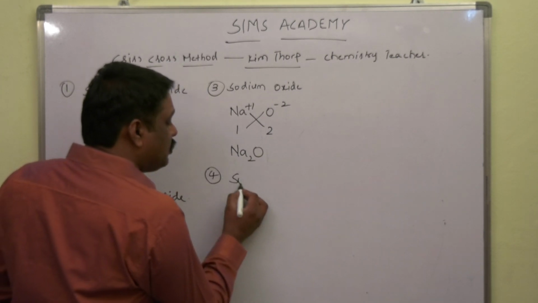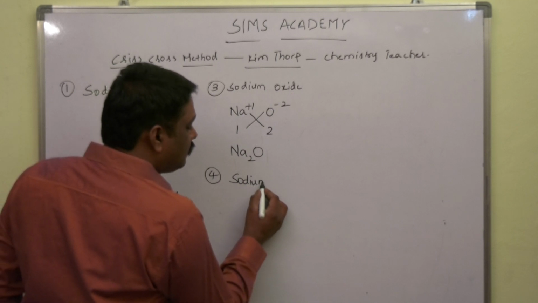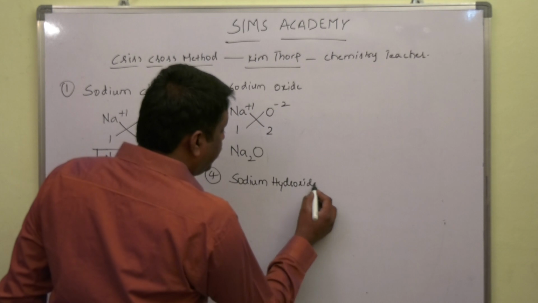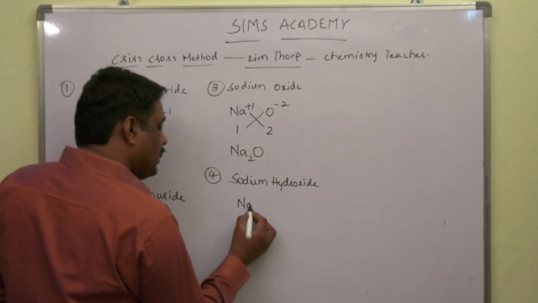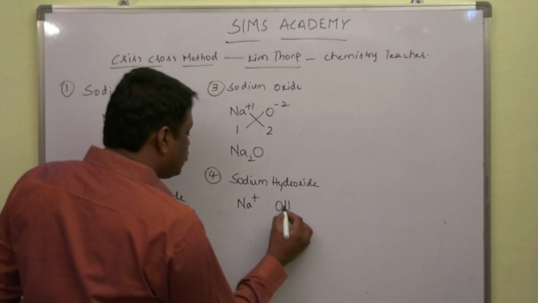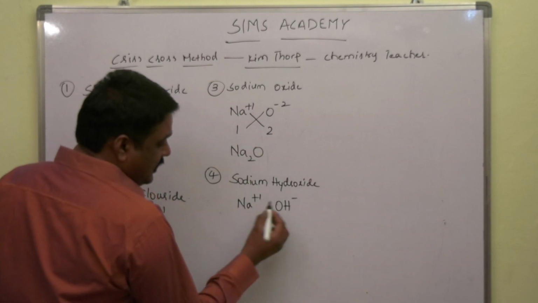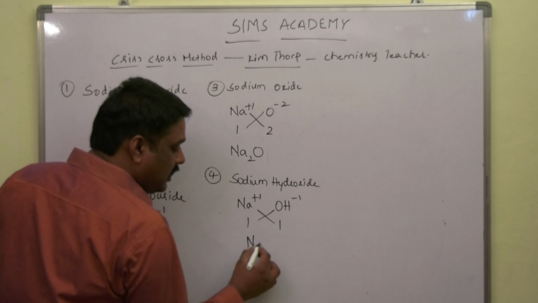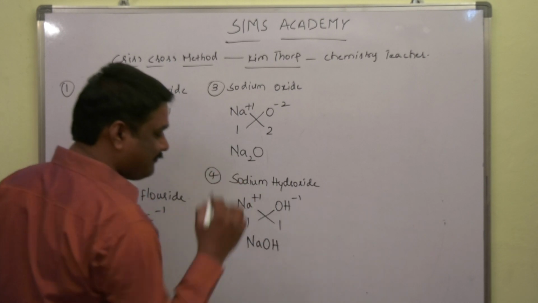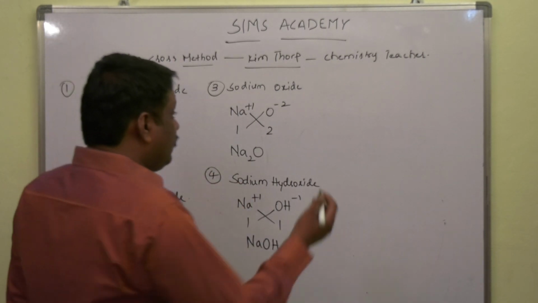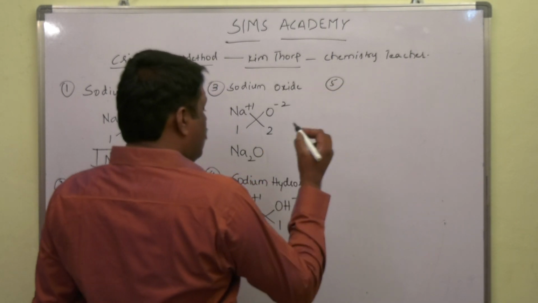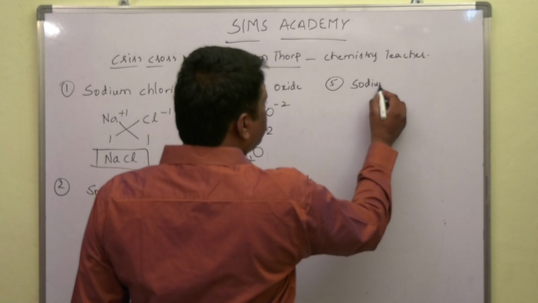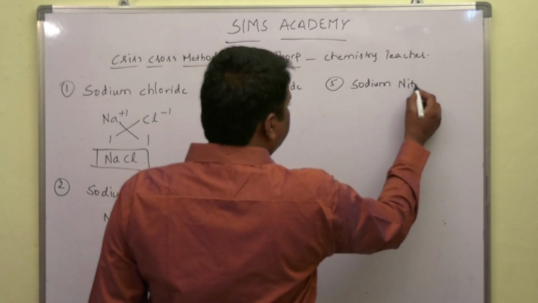Okay, we shall write sodium hydroxide. Sodium ion Na plus, hydroxide ion OH minus, again 1 1, Criss Cross, NaOH. Next, let us move on to sodium nitrate.